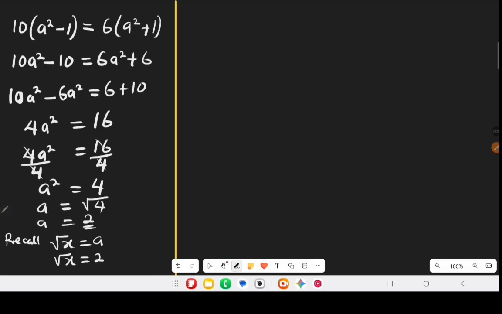Then the next step, we square both sides. If we square both sides, we are having root of x all squared equals to 2 squared. Because we want to remove the square root, the square will cancel square root, left with x equals to 2 squared gives us 4. This answer is the same as the first answer.